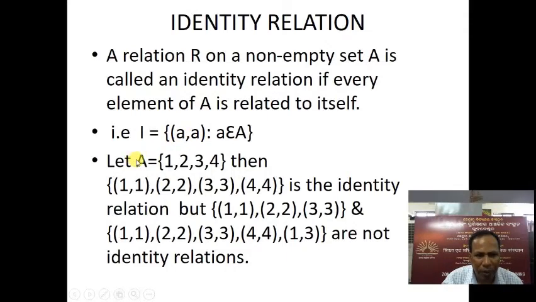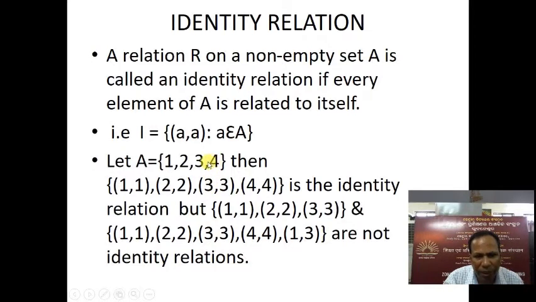Now for example, set A has 4 elements 1, 2, 3 and 4. Let us consider the relation containing 4 ordered pairs: (1, 1), (2, 2), (3, 3) and (4, 4). Now this relation is an identity relation because 1 is present here, ordered pair (1, 1) is present. 2 is present in set A, ordered pair (2, 2) is present in the relation. 3 is present in A, ordered pair (3, 3) is present in the relation.